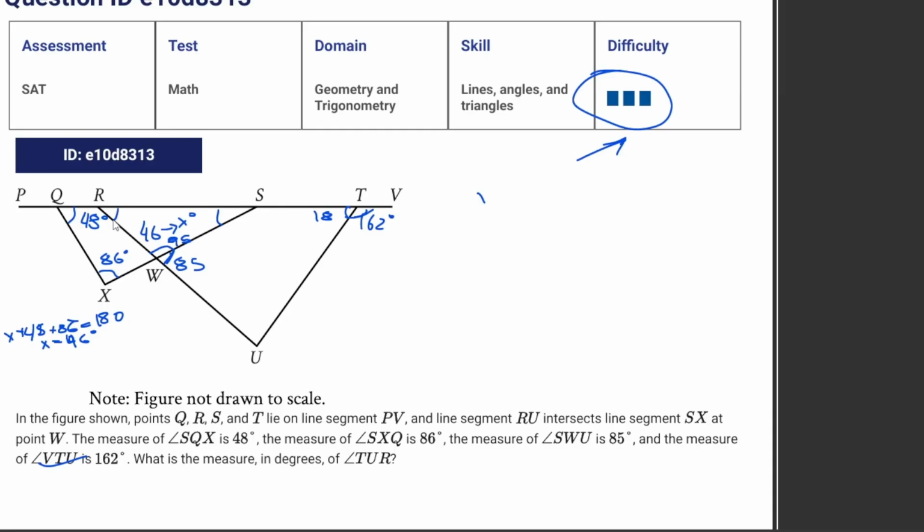So for this triangle, we're looking for this little angle, because this whole triangle is what we need to understand so that we can find the final answer, because the final answer is this angle right here. If we know this leg and this leg, all we have to do is add them together and then subtract from 180, and then we will get this angle.